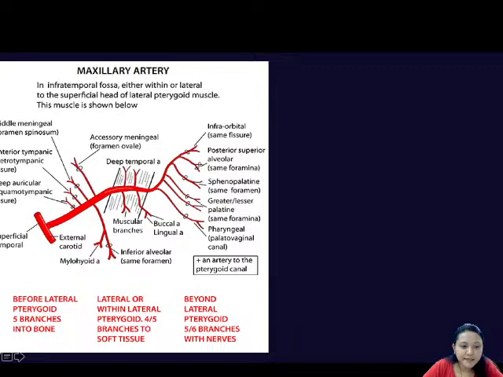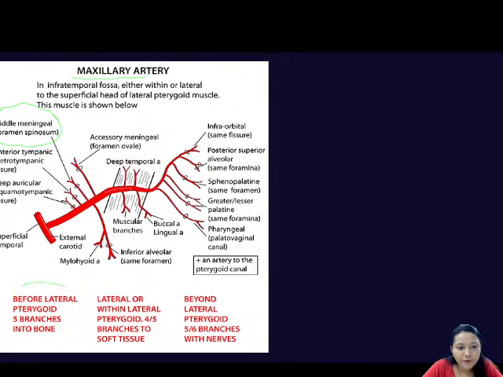Now to understand that, you have to know the branches of the artery. You can see here that the middle meningeal artery is a branch coming from the maxillary artery. Now maxillary artery का बहुत सारा branches है.